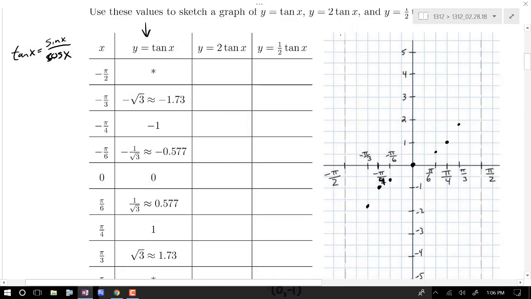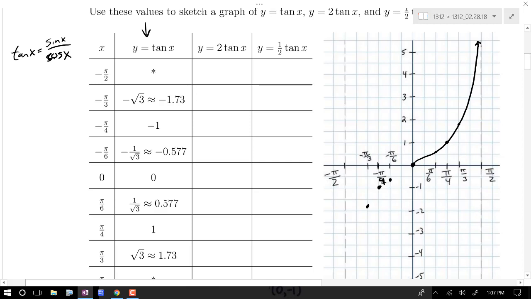We get the behavior at negative pi over 2 and pi over 2. I drew these dotted lines here. I don't know how well they showed up on the printout, but these are supposed to be dotted lines. They're vertical asymptotes, and those will happen anytime in a graph when you get close to dividing by 0. The dotted line itself is not a part of the graph, but it's going to help guide our sketch.